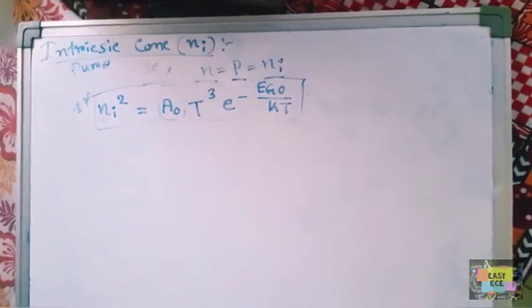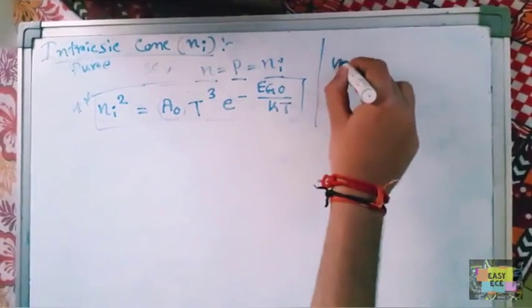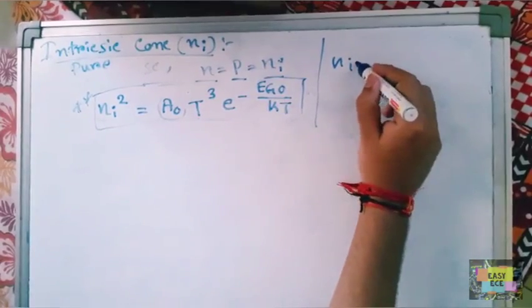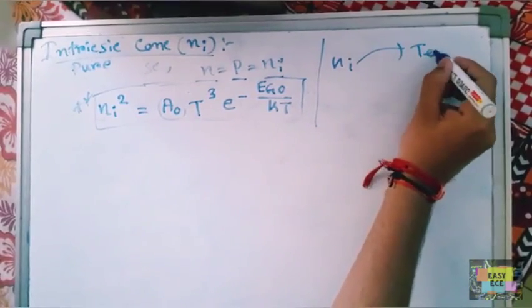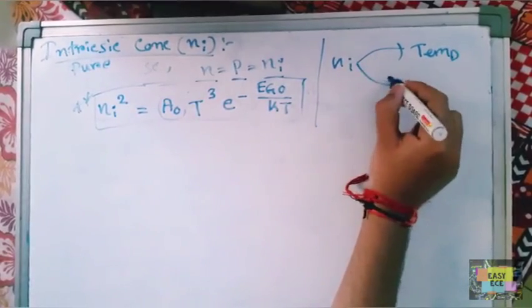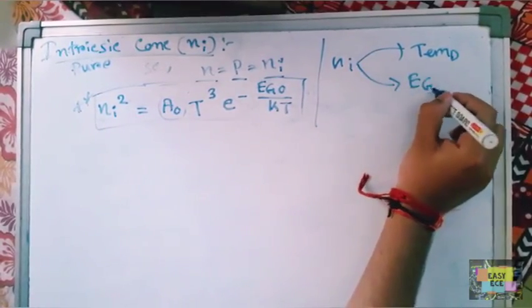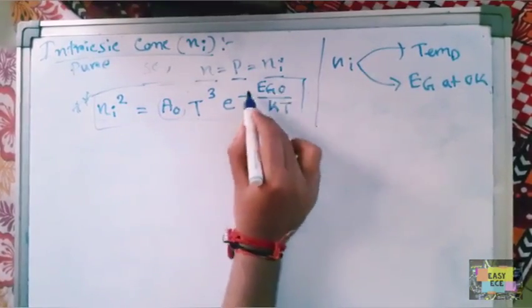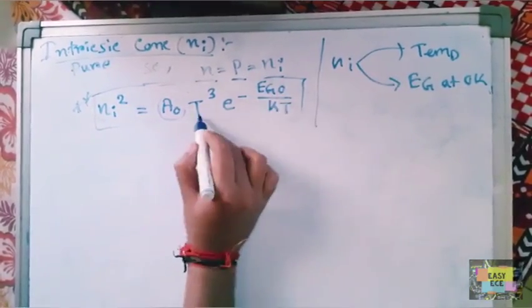Here the intrinsic concentration, that is ni, is a function of two things. One is temperature, and another one is the energy gap at 0 Kelvin. So it depends only on two things, Eg0 and temperature.